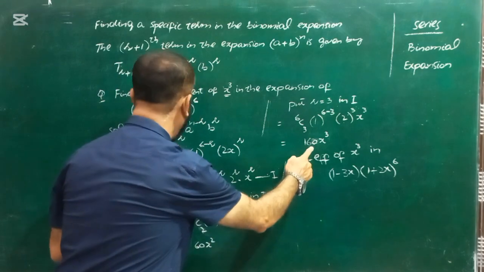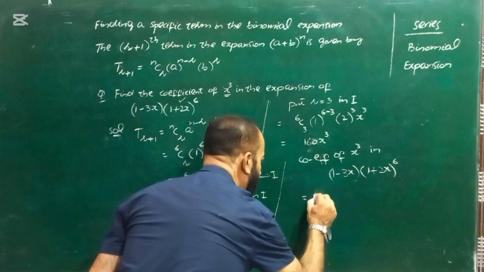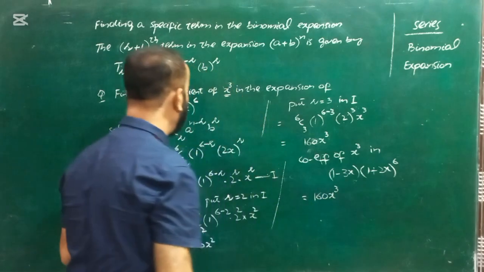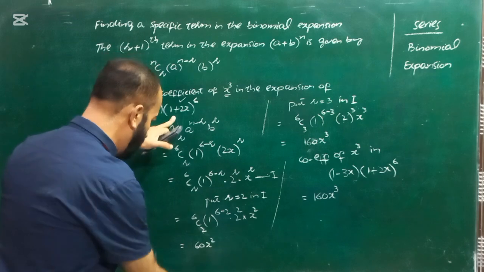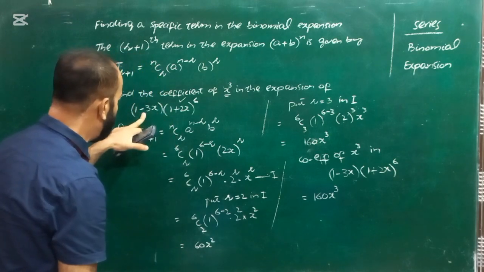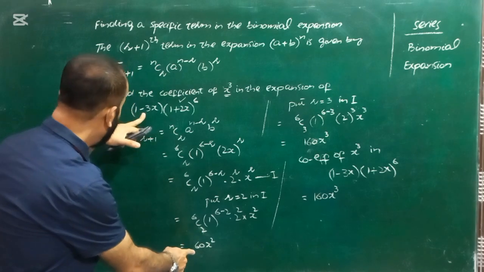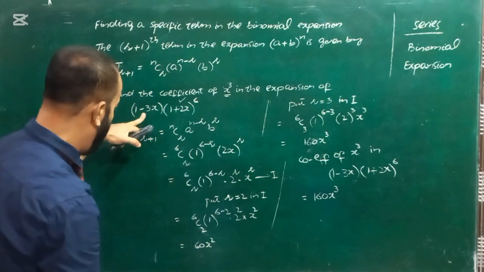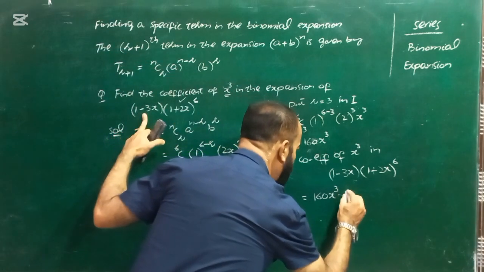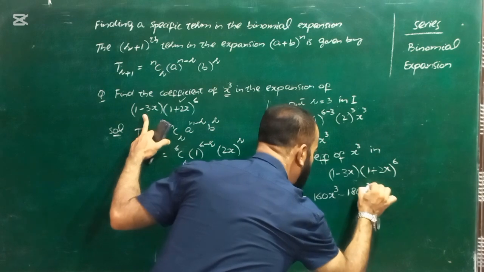So that will be 160x³, ones are 160x³, and the second term from this bracket, that is 60x², when it will be multiplied with this one, it will make x³. So 60 into 3 will be 180, minus 180x³.